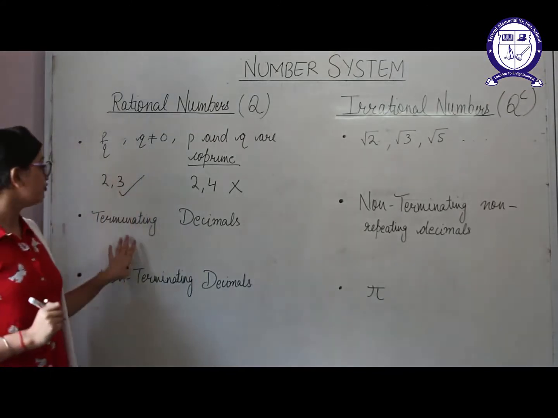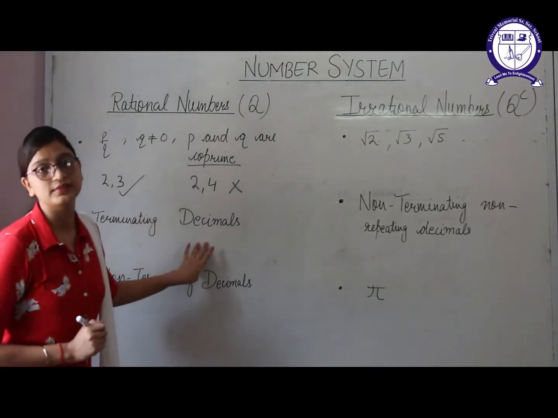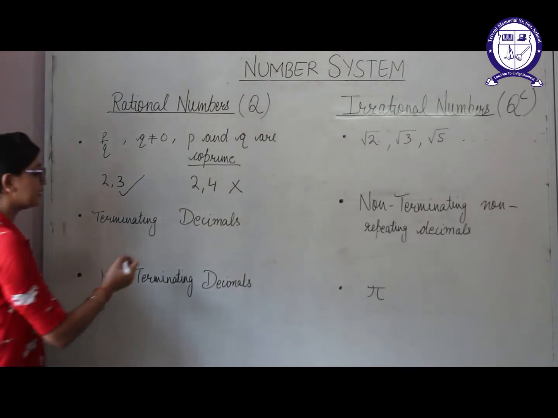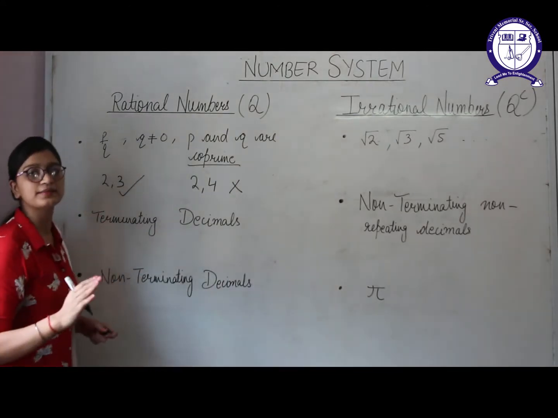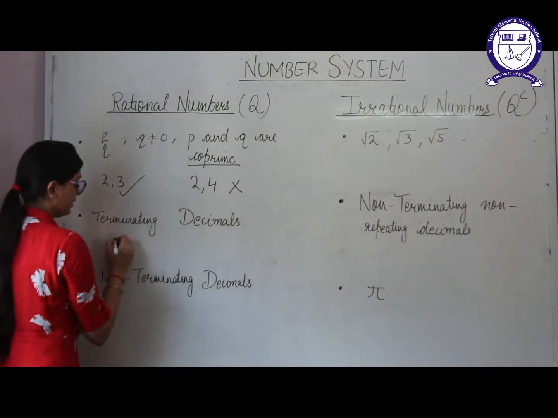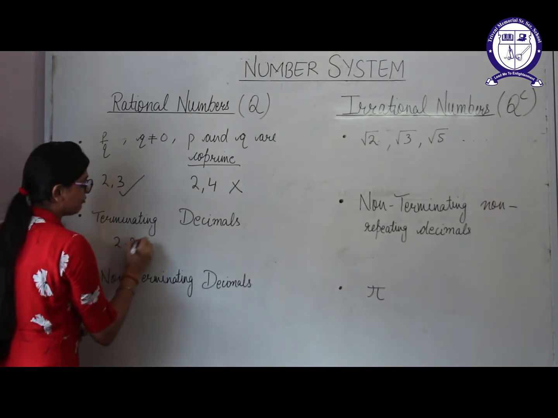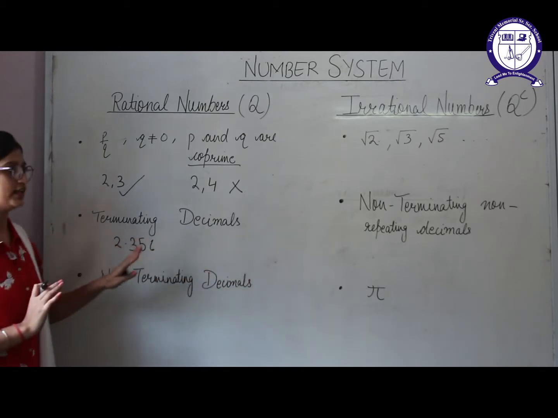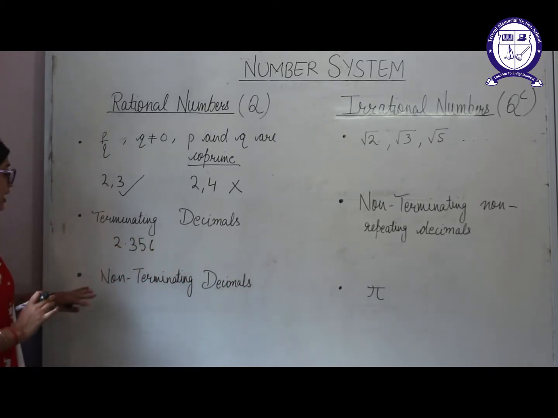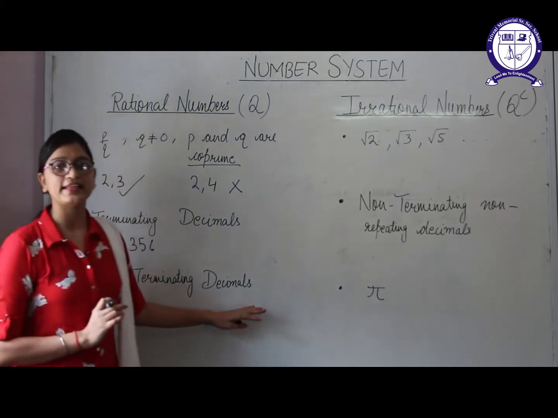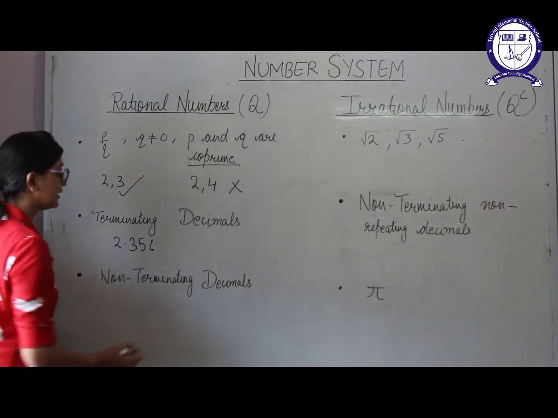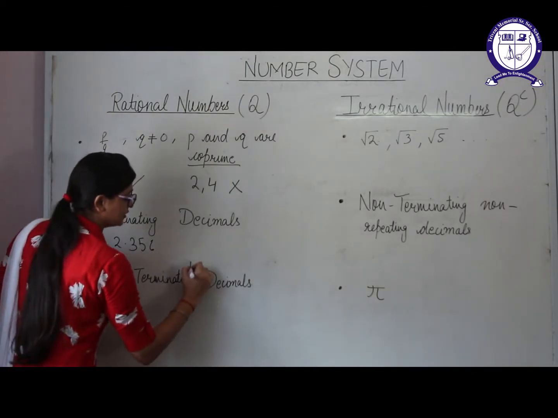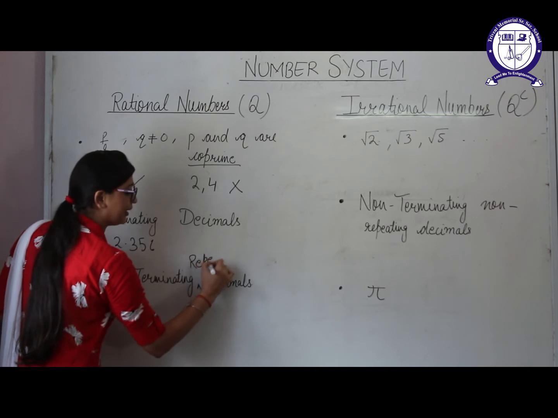Now the second form is terminating decimals. Terminating decimals are the decimals which terminate at some point, which end at some time. Like 2.356. And it doesn't go after this. It stops at this one. Third is non-terminating repeating decimals. What does repeating mean?